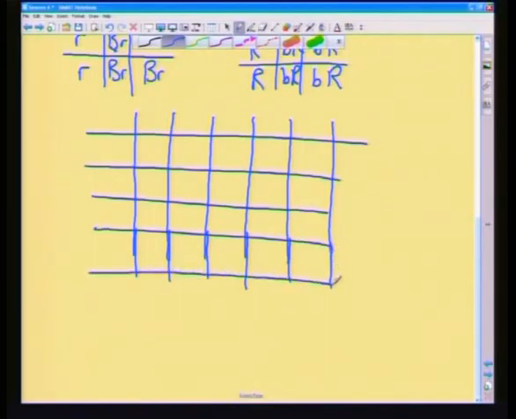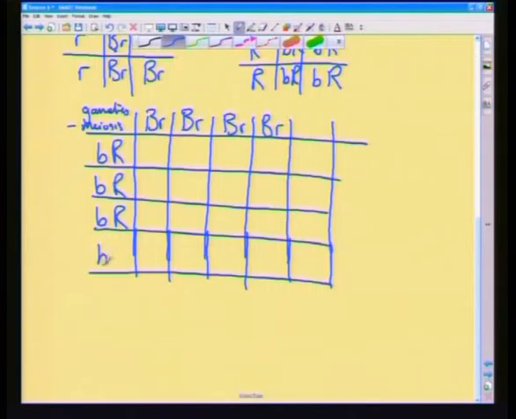Okay, this is what is important. So, looking at all our combinations, we know we are going to have our gametes. Our gametes are going to undergo meiosis, and these are our combinations. We're going to have capital B, capital R, capital B, capital R, capital B, capital R, and capital B, small r. And we have it all across.